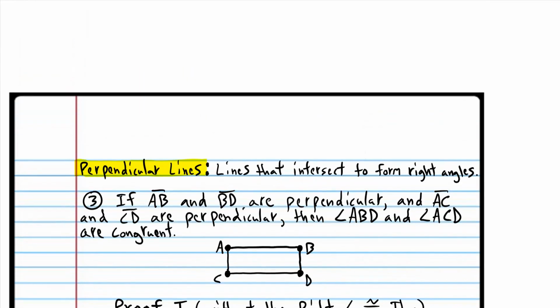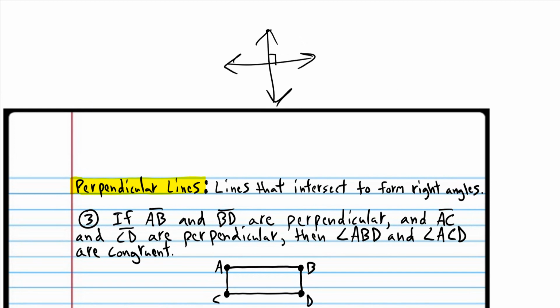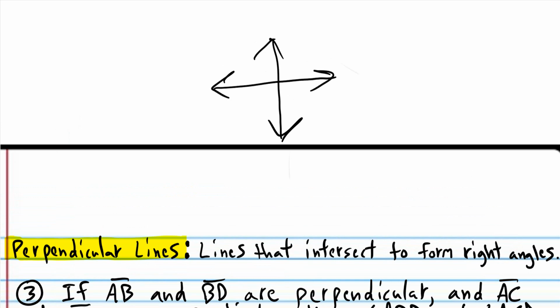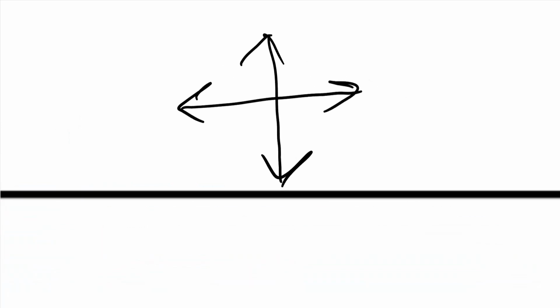So let's say you have two lines that intersect, and the angles between them are all 90-degree angles. I can't remember if I went over this yet, but when you write a 90-degree angle, you can draw a box. That means 90 degrees. So we're going to do that today.